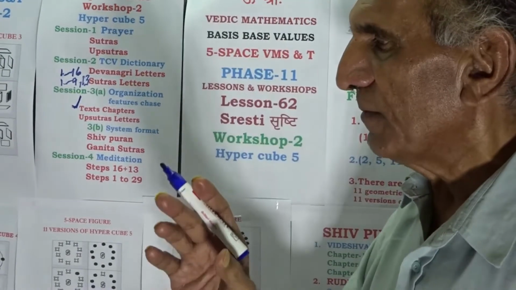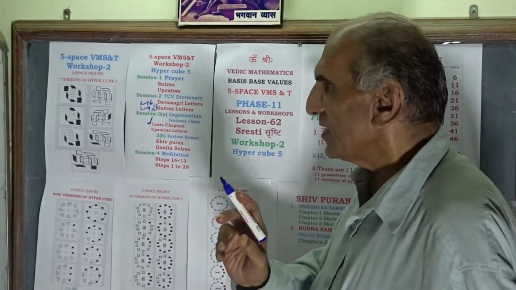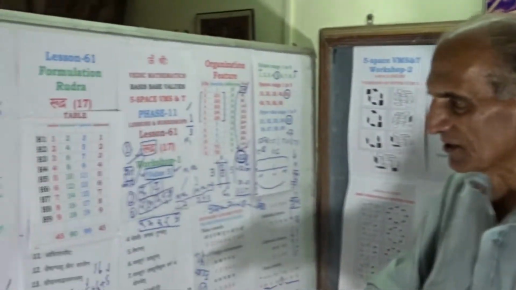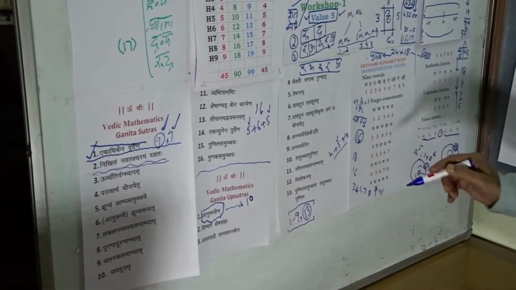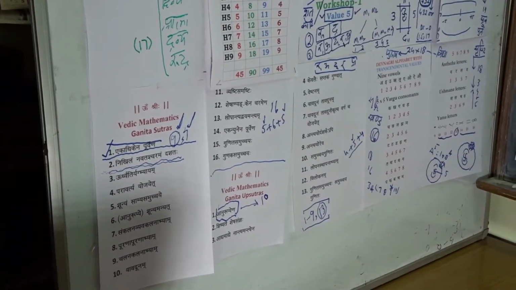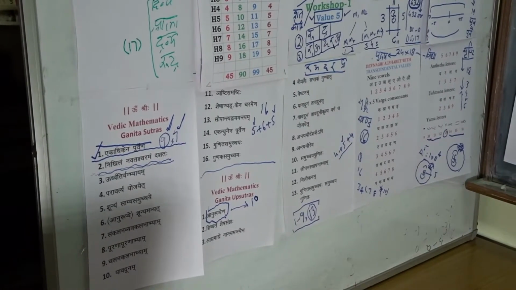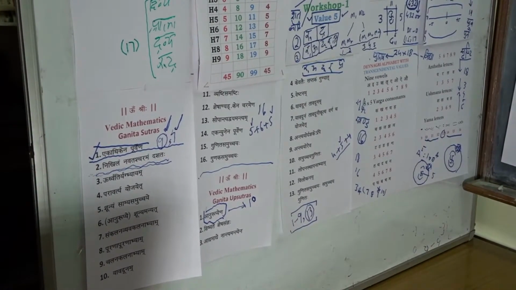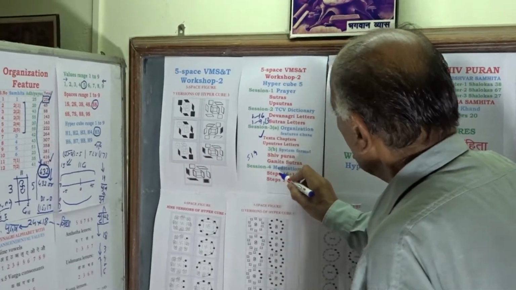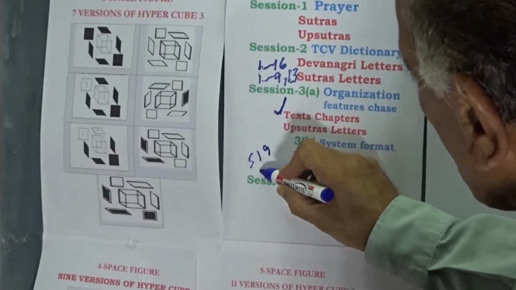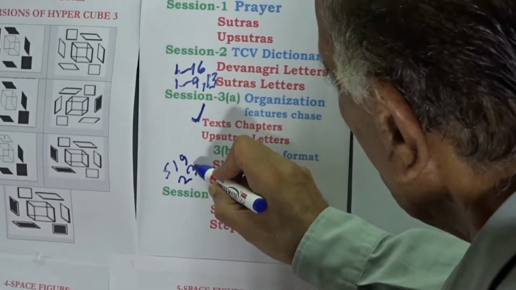The additional thing which we shall be noting with proper consideration is that the total letters of the text of Ganita Sutras 1 to 13 are 236. The total letters of Ganita Sutras are 519, while the letters of the text of Ganita Upsutras are 236.